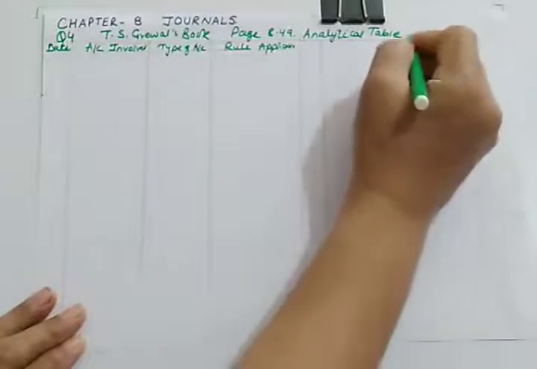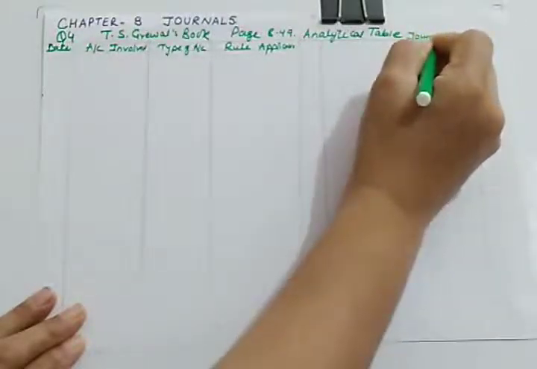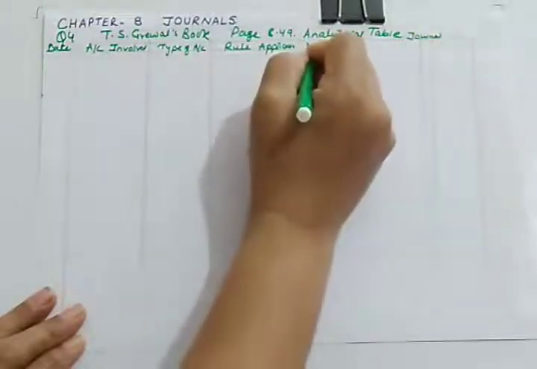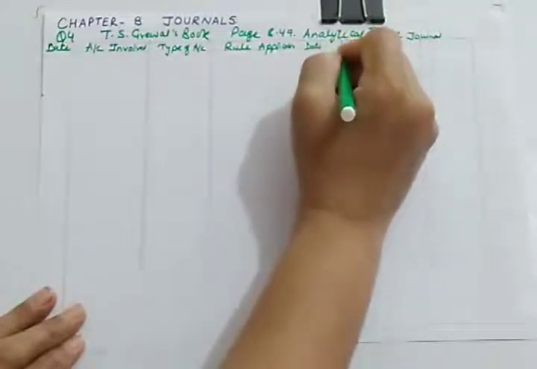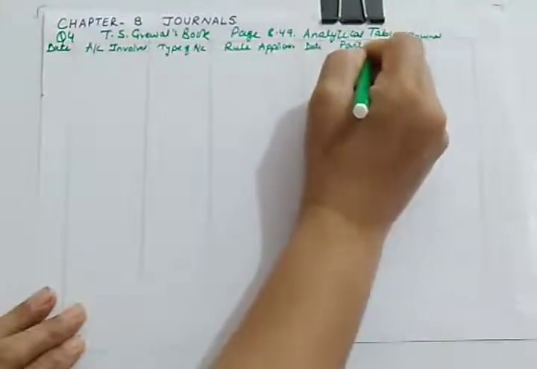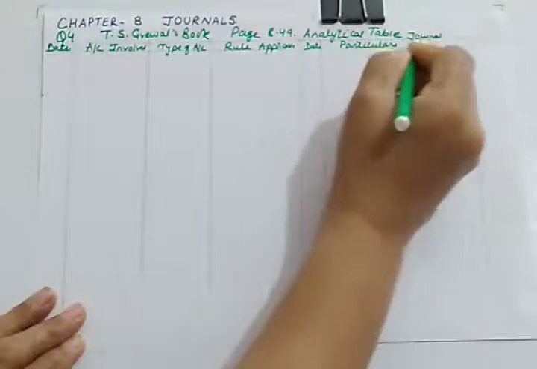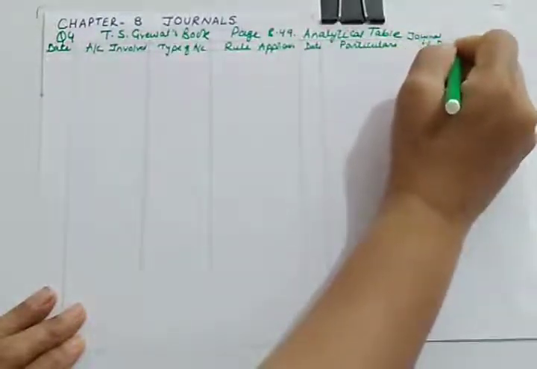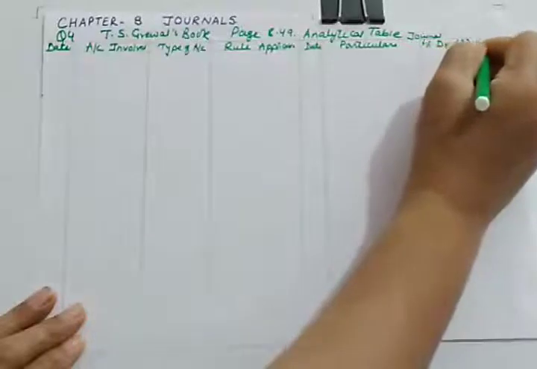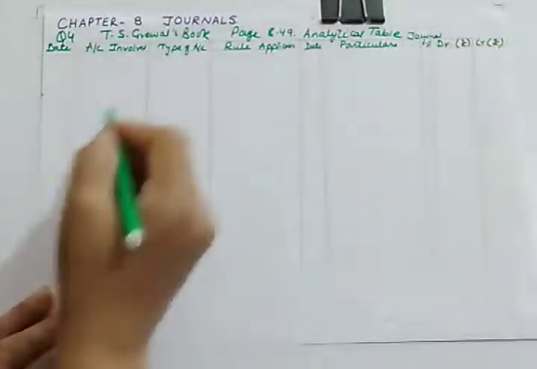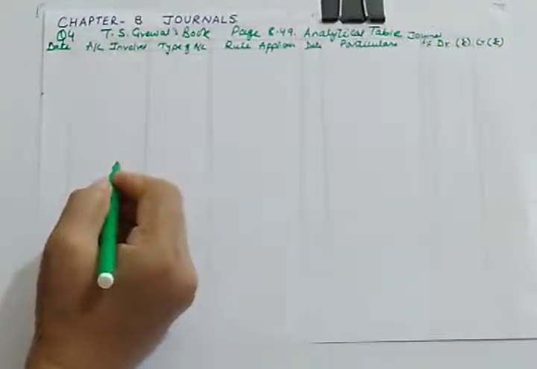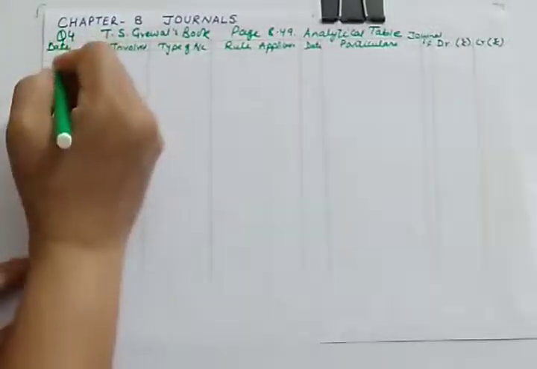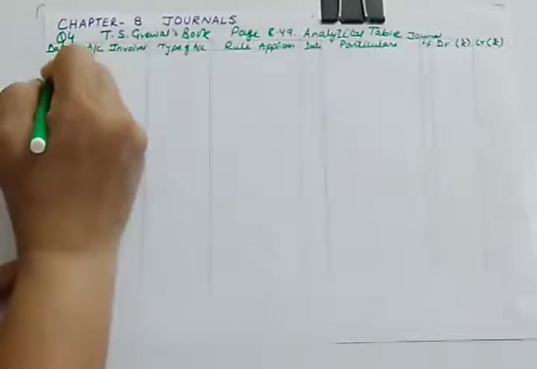So here I can write journal. This is my date column and then particulars, where I'll be writing debit accounts and credit amount. This is ledger folio, this is debit amount in rupees and credit amount in rupees. So I'll be making the full analysis. In the first case, there are 4 accounts involved and the date is 5th April.